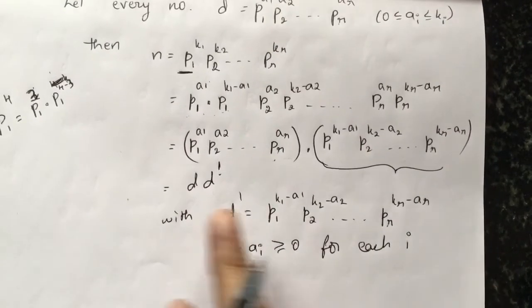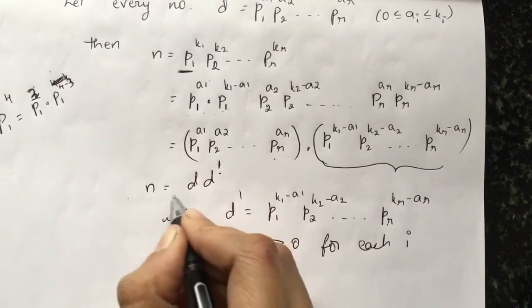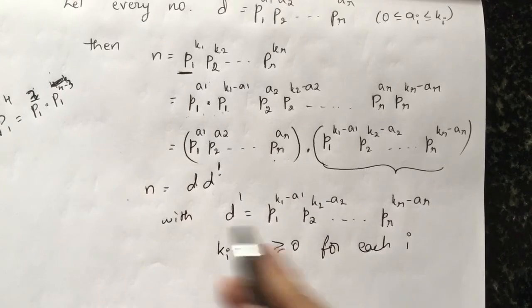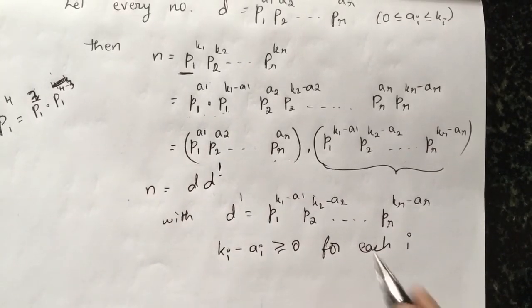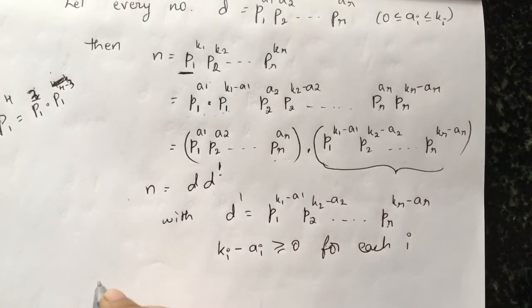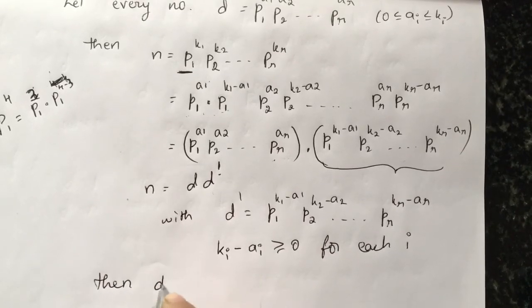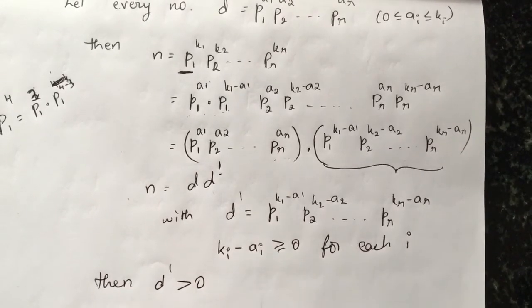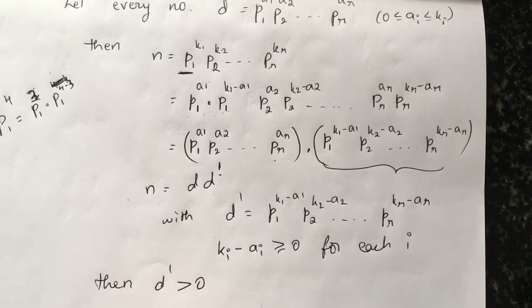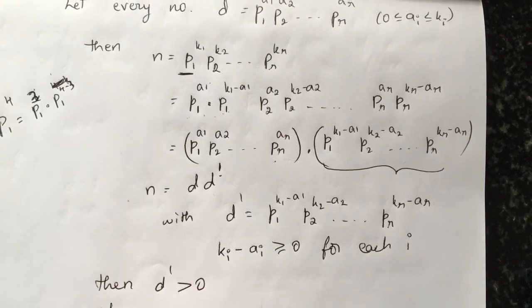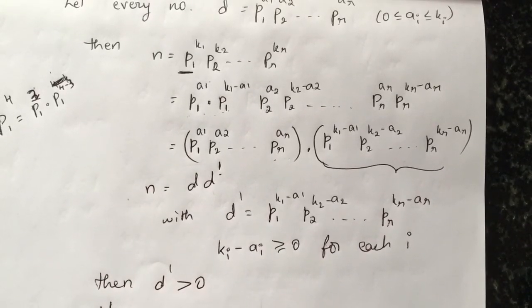Right. When I have written n like this, d into d dash, then d dash must be greater than 0. When it is greater than 0, then d must divide n.